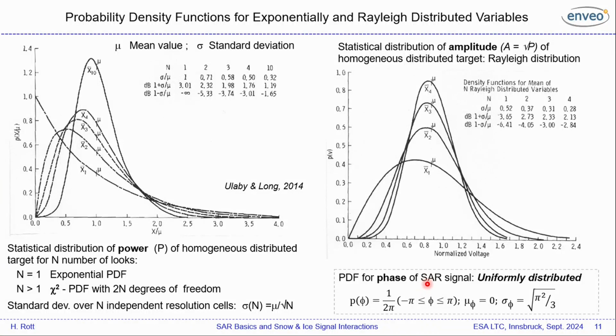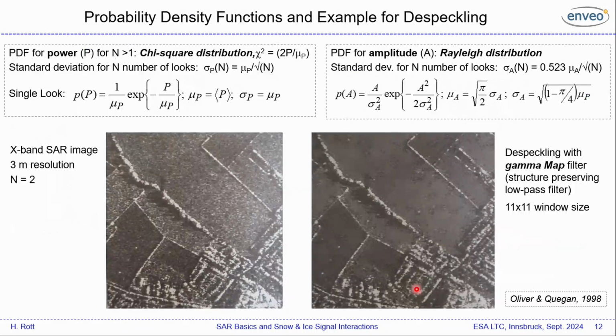The equation for the phase of a SAR signal of a uniformly distributed target is cyclic in 2 pi, so it varies between minus pi and plus pi, and the mean value is 0, and the standard deviation is given by the square root of pi squared over 3. So this is for the phase, which we then use for the interferometry.